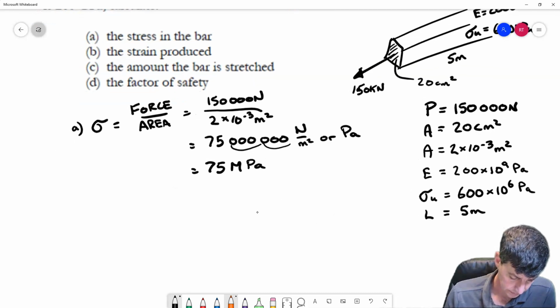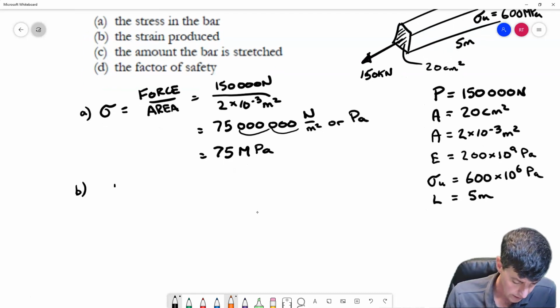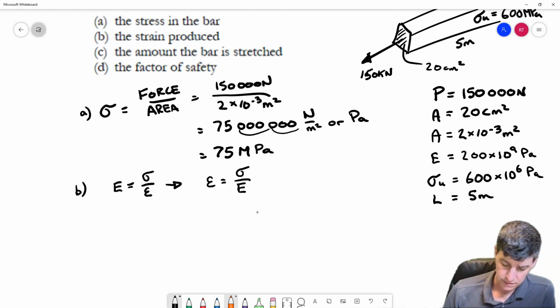Okay, part B wants to know the strain produced. Well, I know that E is equal to stress divided by strain, which means my strain is equal to my stress divided by Young's modulus.